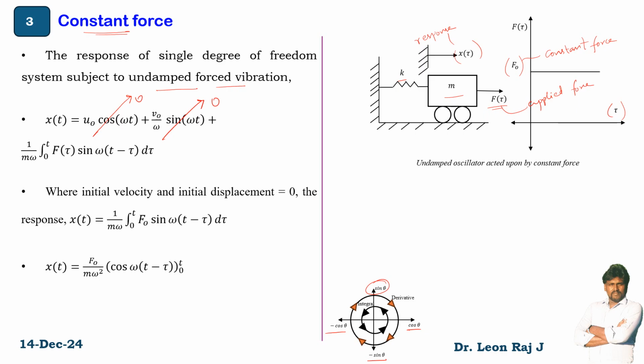Derivative means clockwise rotation, integral means anti-clockwise rotation. You're integrating sine, so it is an anti-clockwise rotation. If you integrate the sine, you will get minus cos theta. So here you will get omega, where the variable is tau.